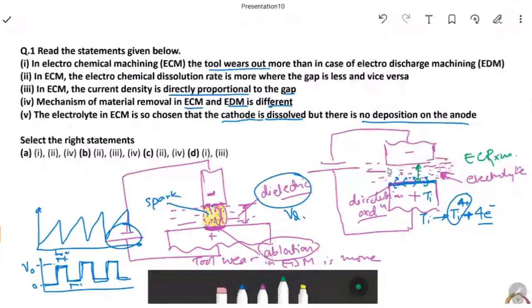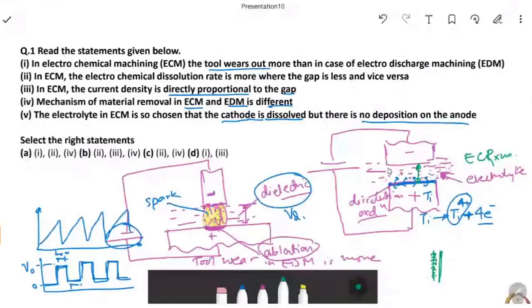As current is flowing, if the gap is reduced, then the probability of the ions or the electron species which are removed here reaching this particular cathode is higher.